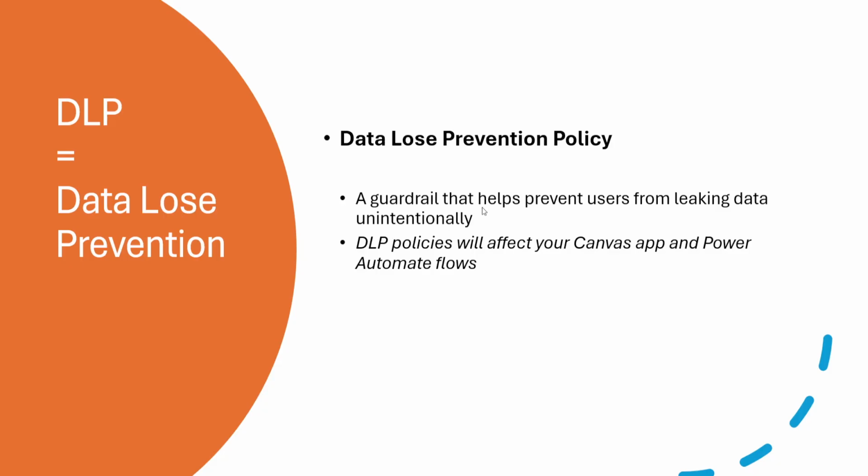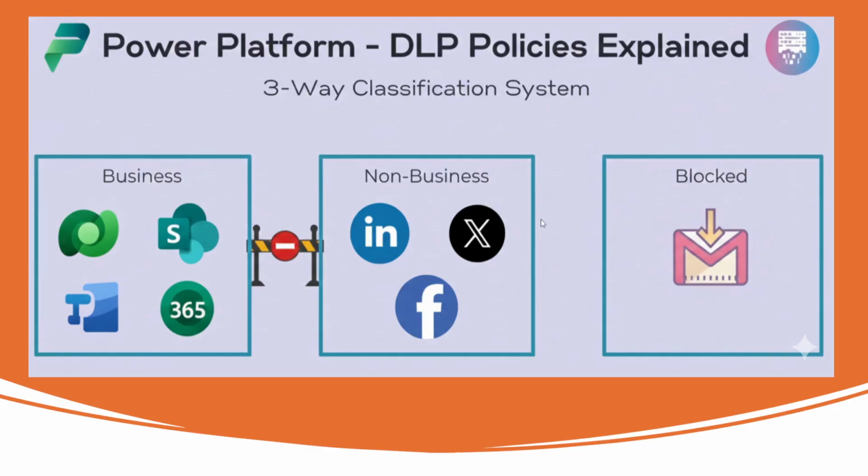You have business: these are connectors that are trusted in the system, things like Dataverse, SharePoint, SQL, and Outlook. And then you have non-business: consumer or public services like Gmail, Twitter, or Dropbox. And then you also have your blocked connectors. Blocked connectors are connectors that cannot be used at all in your flows or in your apps.